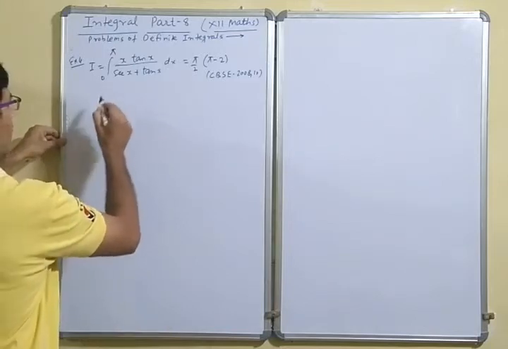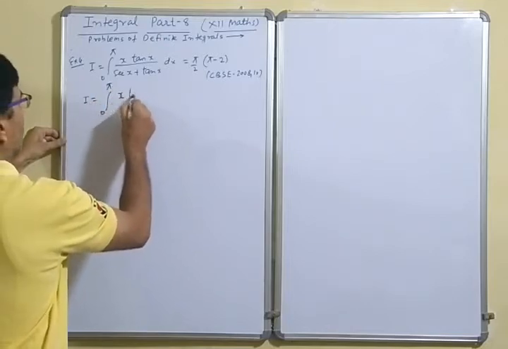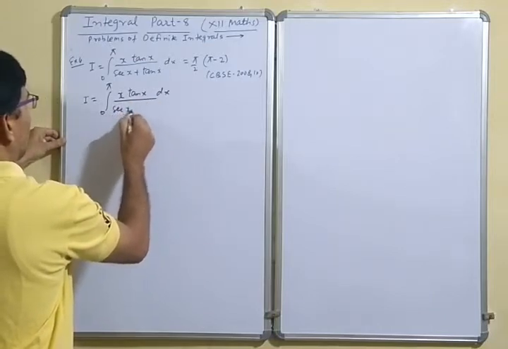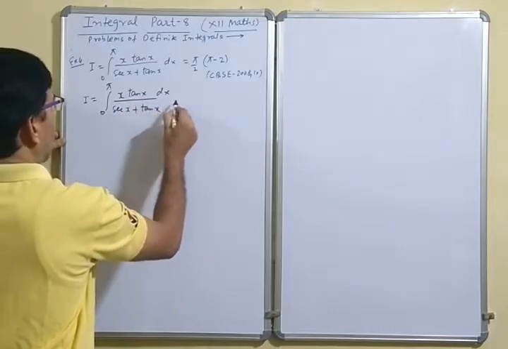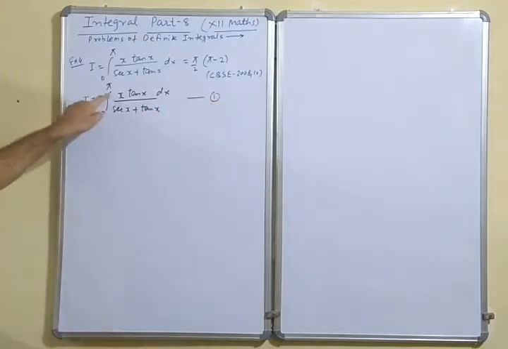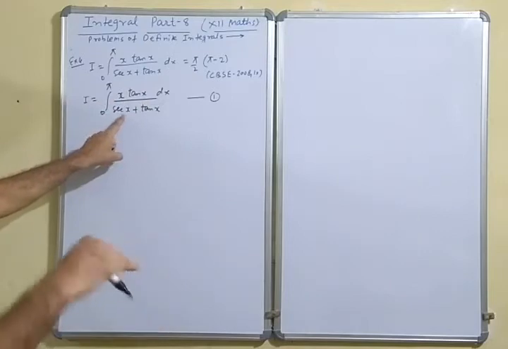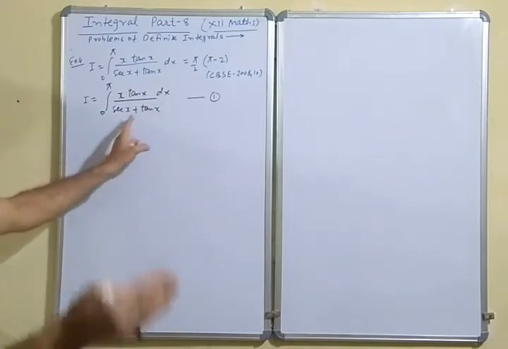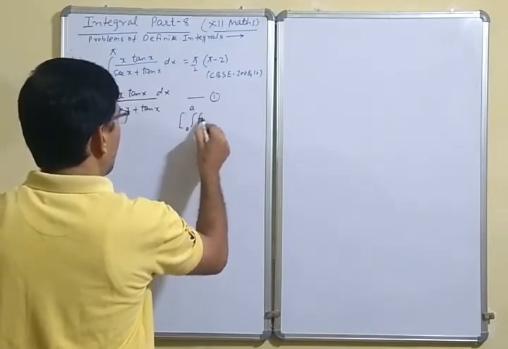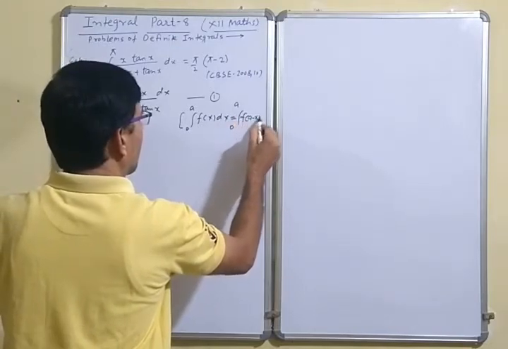So I is equal to integral from 0 to pi of x tan x dx divided by sec x plus tan x. This is 1. Now here we'll check: tan(pi minus x) is minus tan x, and sec(pi minus x) is minus sec x. So we'll apply the property, integral from 0 to a of f(x) dx is equal to integral from 0 to a of f(a minus x) dx.